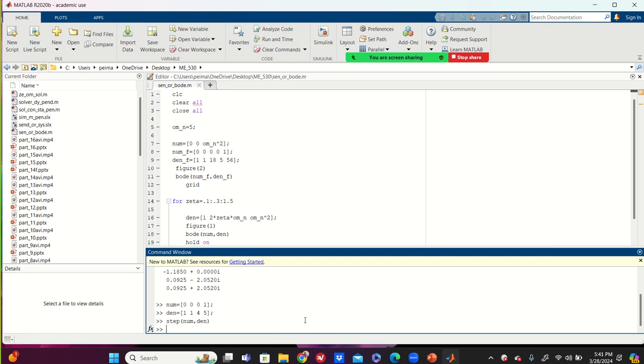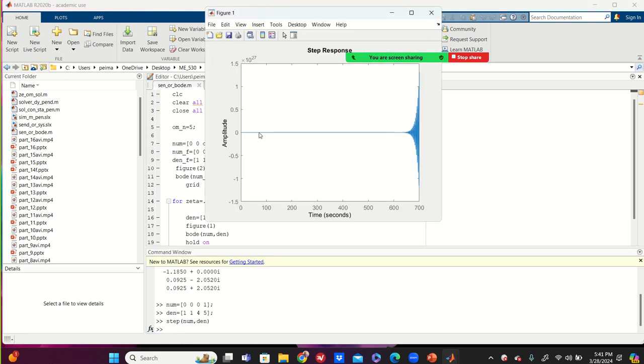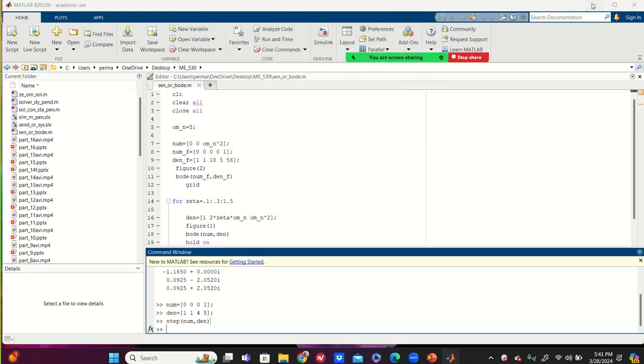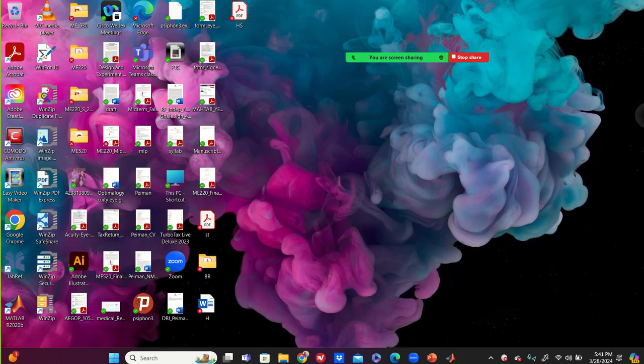Right? Here we go. See? We want to go to 1, but this is 1.5 times 10 to the power 27. You want to go to the unit step function, but your system is completely unstable. Now, let me go back to this page.